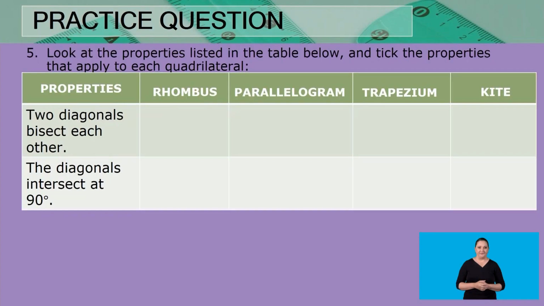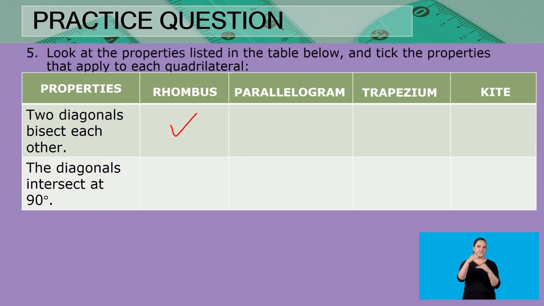Let's see if we can identify which quadrilateral belongs to which property. Let's look at the next one here. It says two diagonals bisect each other. Let's think of a rhombus and the diagonals of a rhombus. Do they bisect each other? Yes, they definitely bisect each other.